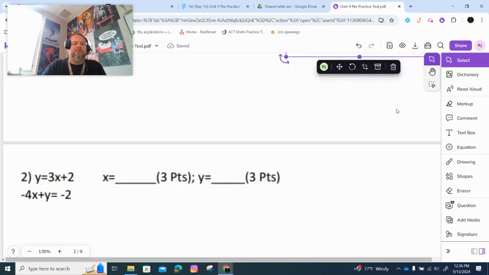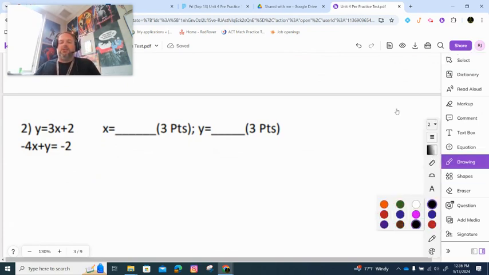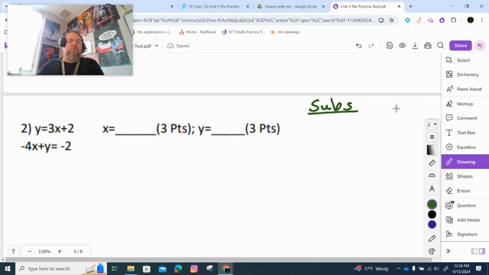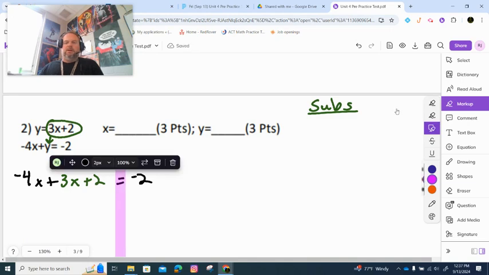Moving on, number two. This one is a straight up substitution, because I have y equals this. I'm going to take all this and plug it in right here where y was. And I'm going to do my little bar here.